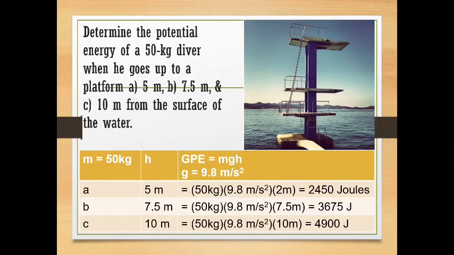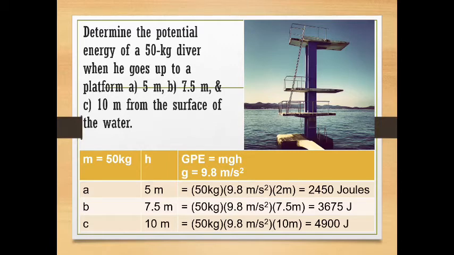Let's find the gravitational potential energy. Gravitational potential energy is equal to mass times gravity times height. The given mass is 50 kilograms. G, or the gravity, is 9.8 meters per second squared. And the height is 5 meters.